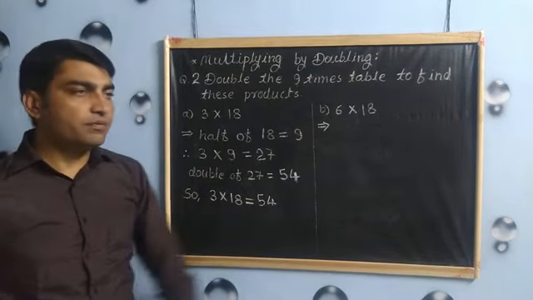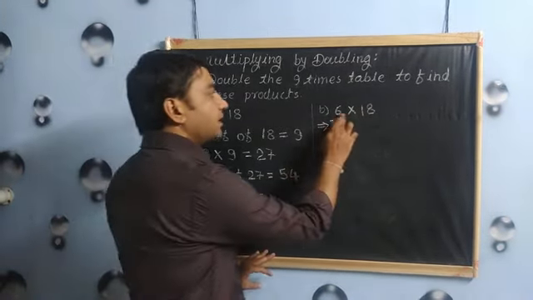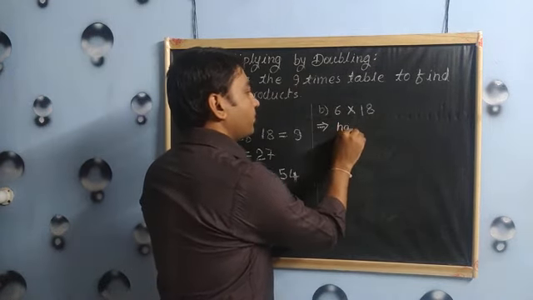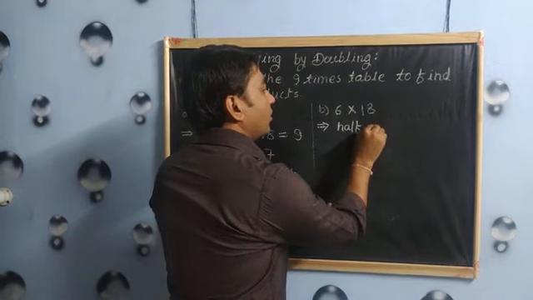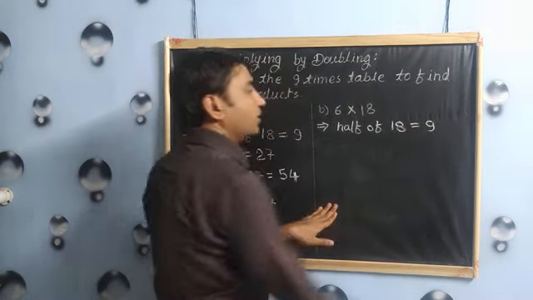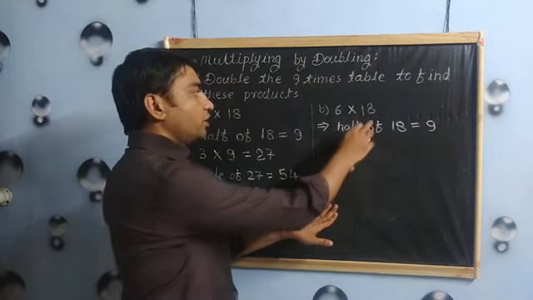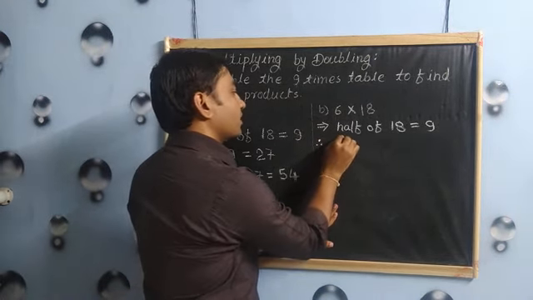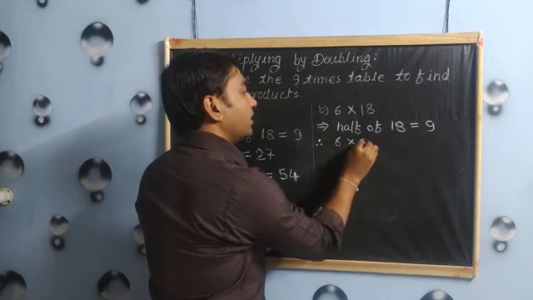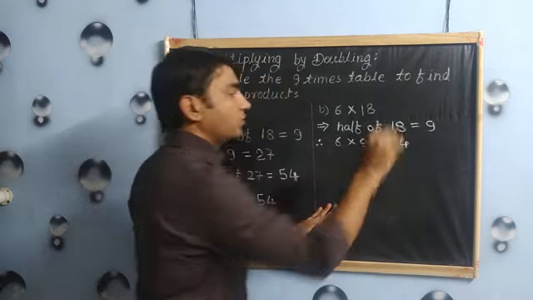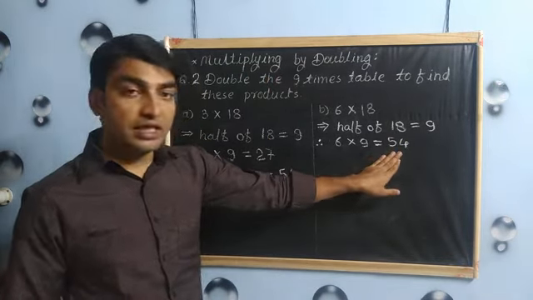Let's solve one more sum of the same type. 6 into 18. Again the first step is to take half of 18, which equals 9. Now instead of 18 use 9. So 6 into 9 equals 54. Now double the answer.